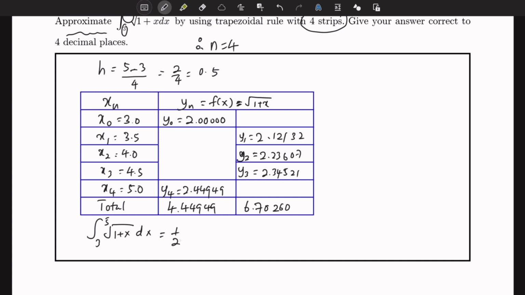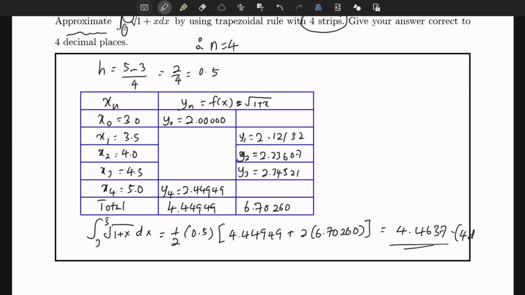Make sure it's the correct formula. So half times h, which is 0.5, times 4.44949 plus 2 times 6.70260. Press your calculator again, and you get the answer 4.4637, up to 4 decimal places.